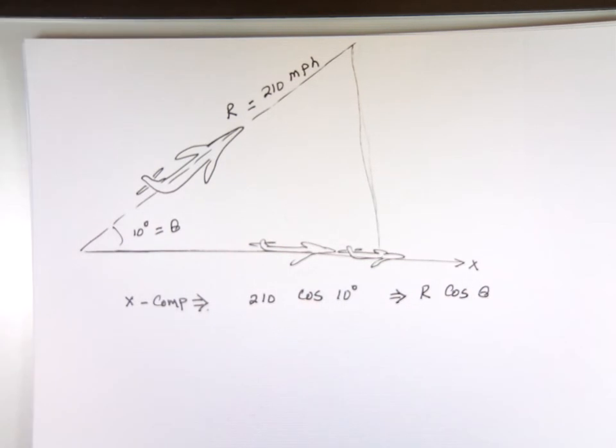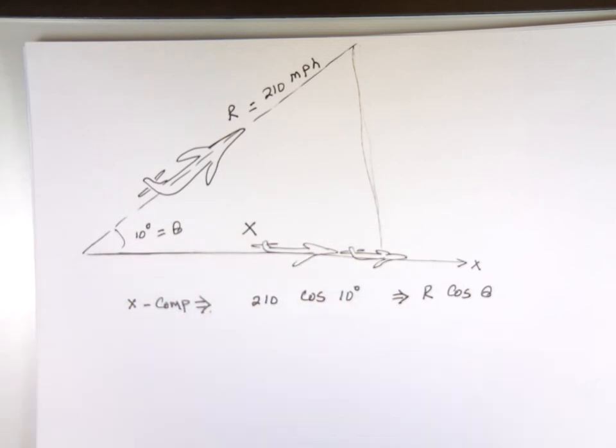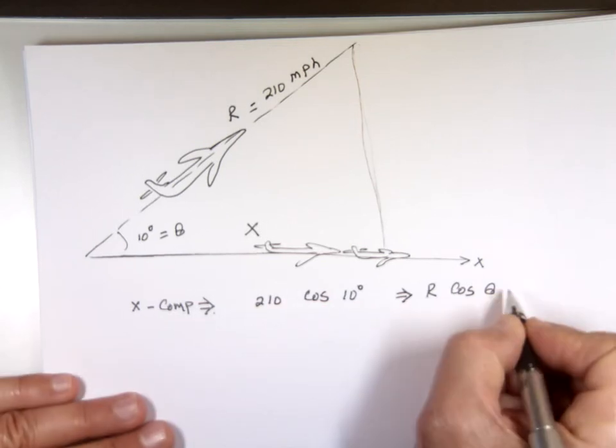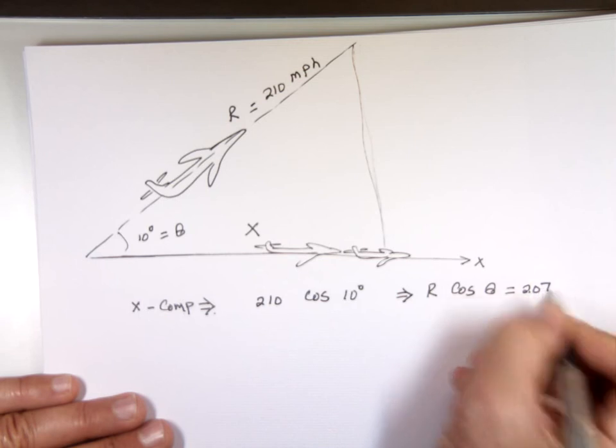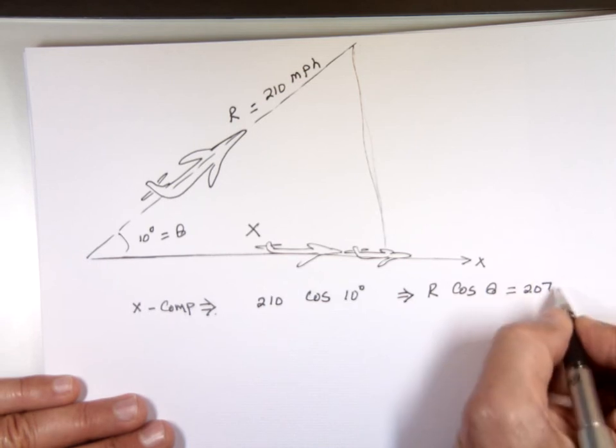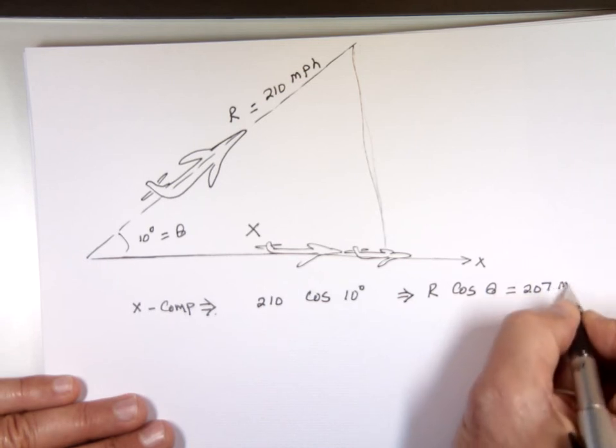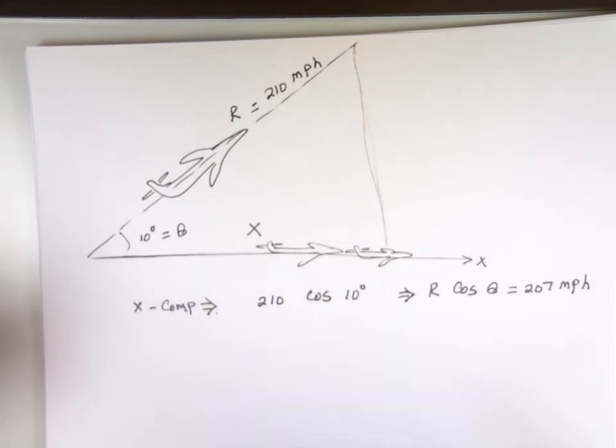There's a whole chapter on this coming. And that'll give me the x value. That's how fast the shadow is moving. What's 210 times cosine 10 degrees? 206.8. That's roughly 207 miles per hour, because the angle is really small.